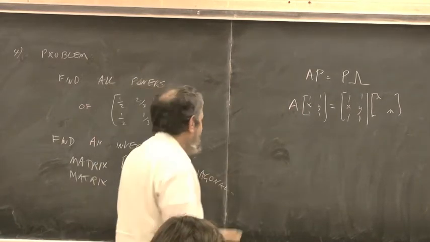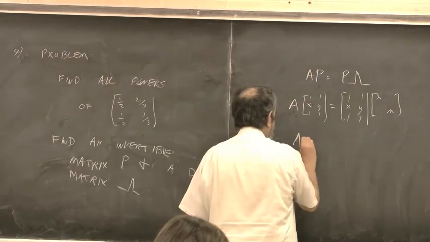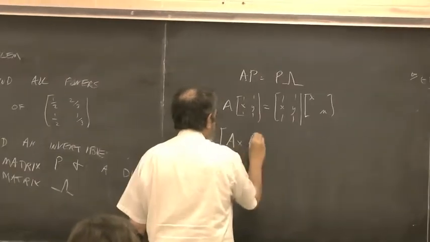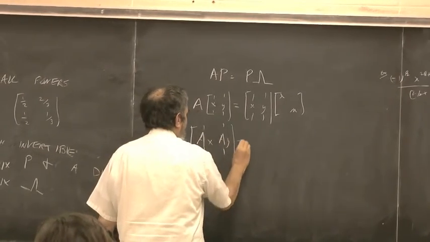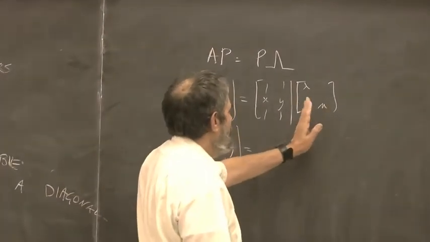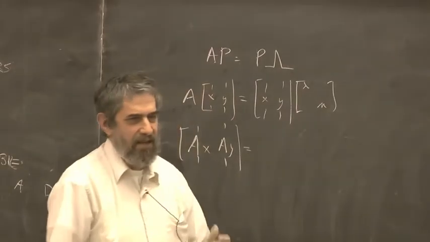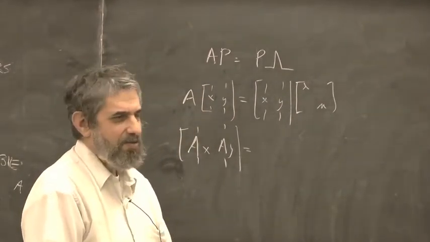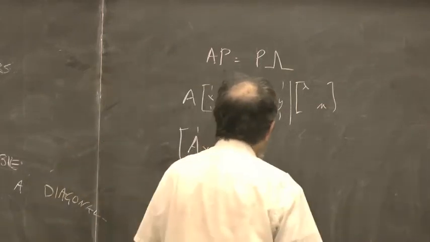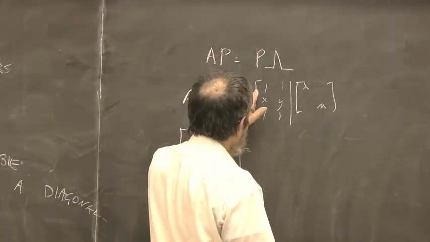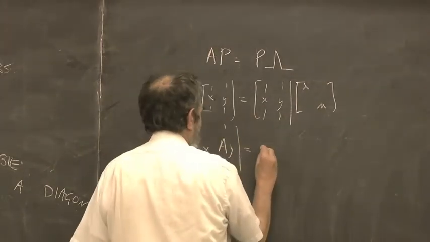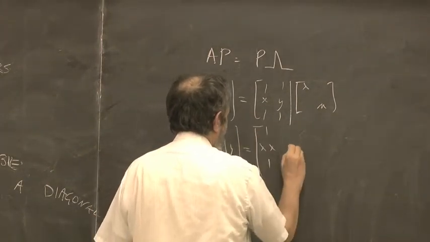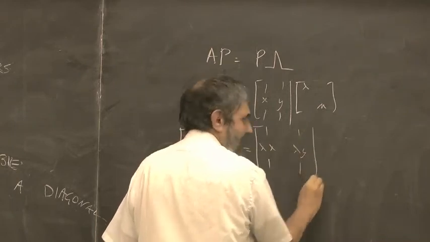So this left-hand side of the equation here is AX for the first column, and then AY for the second column. And now, how do you multiply a matrix by a diagonal matrix on the right? That's easier. You just take each column and multiply it by each of the entries. That's right. So it's going to be lambda x here, and it's going to be lambda y here.